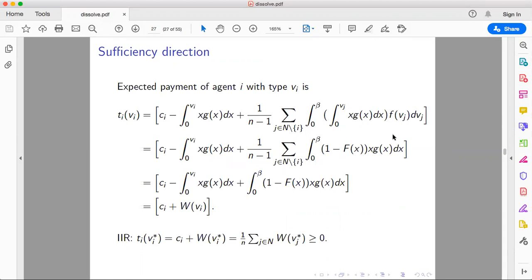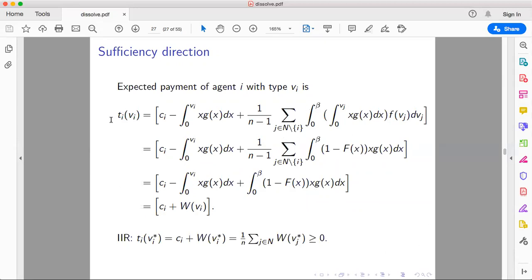Feel free to go through this carefully and see if you understand it. If you don't, then I'll be happy to answer. It's nothing exceptional. It's just cleverly integrating it and changing the order of integration and so on.